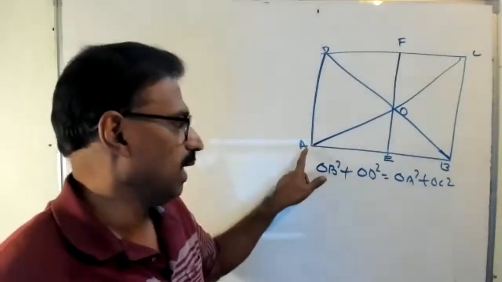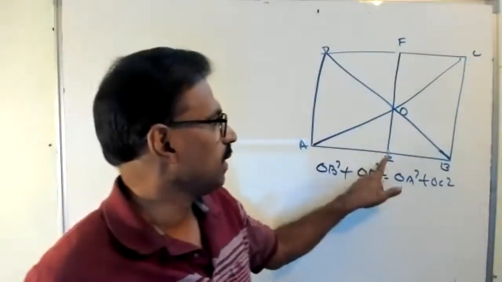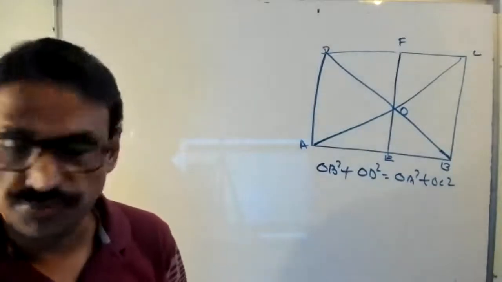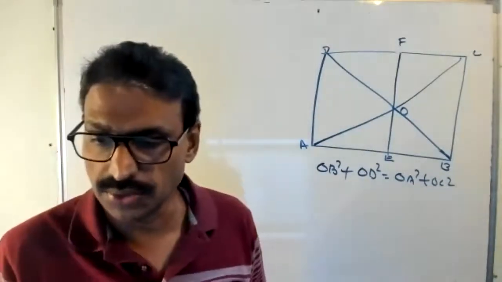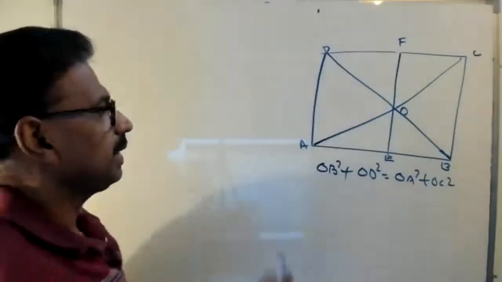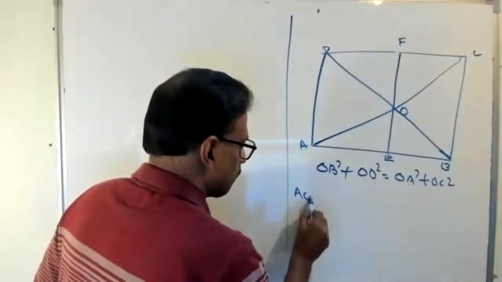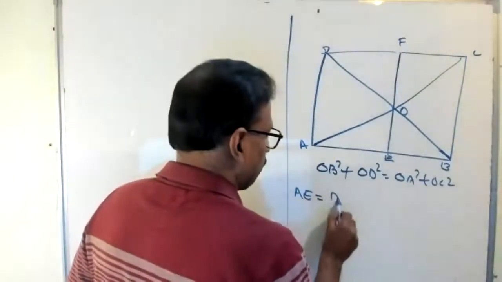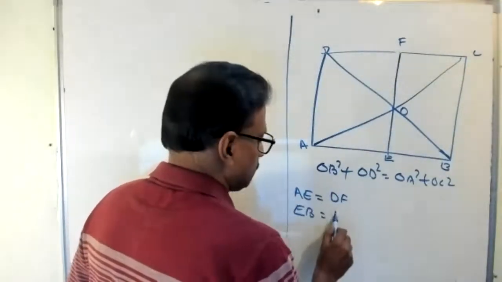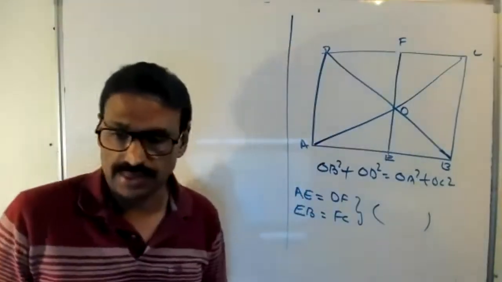So now AEFD is what? And EBCF also what? They are rectangles, correct? AEFD and EBCF are rectangles. Therefore, we can write AE equal to DF, EB equal to FC. Opposite sides of a rectangle.